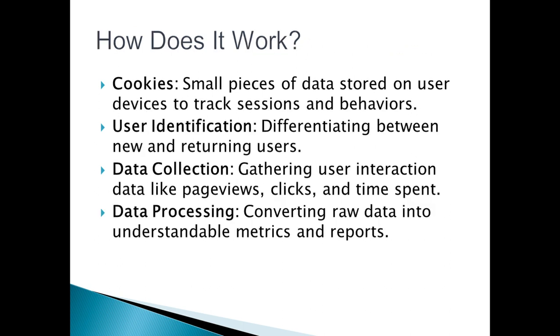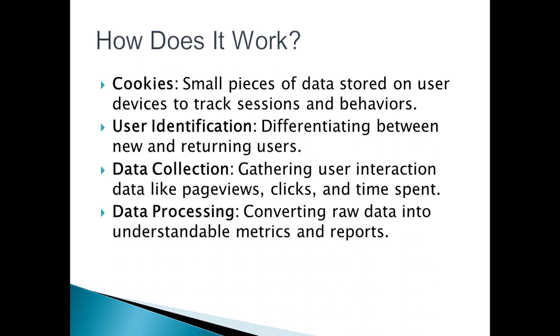So how does it work? It works on the basis of cookies, user identification, data collection, and data processing. Cookies are small pieces of data stored on user devices to track sessions and behaviors. User identification is differentiating between new and returning users.